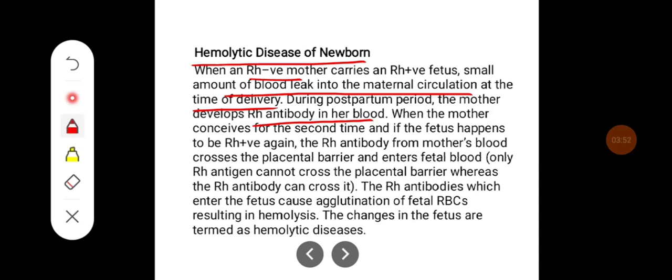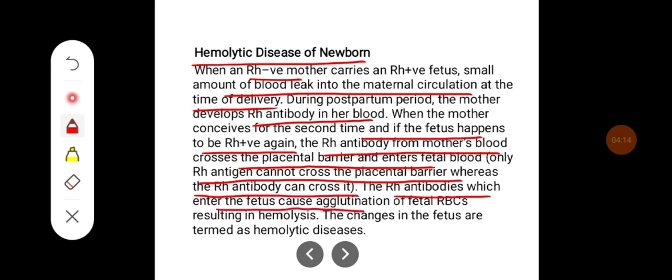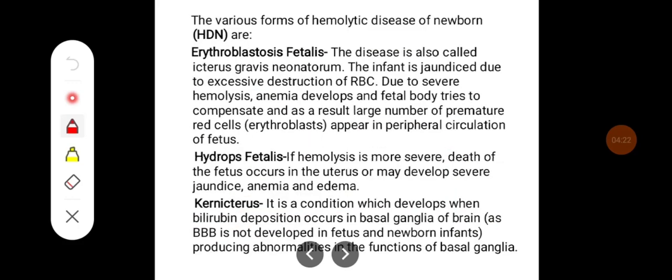When the mother conceives for the second time, if the fetus happens to be Rh positive again, the Rh antibody from the mother's blood crosses the placental barrier and enters the fetal blood, as only Rh antigen cannot cross the placental barrier, whereas Rh antibody can cross it. The Rh antibodies which enter the fetus cause agglutination of fetal RBCs resulting in hemolysis. The changes in the fetus are termed hemolytic disease.